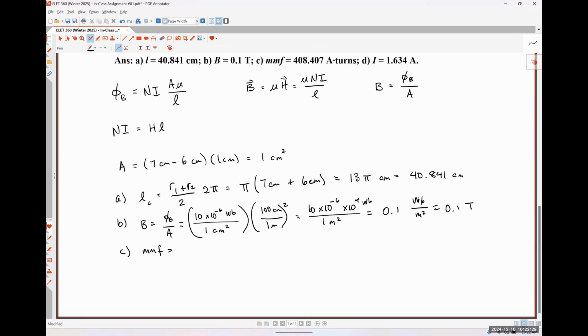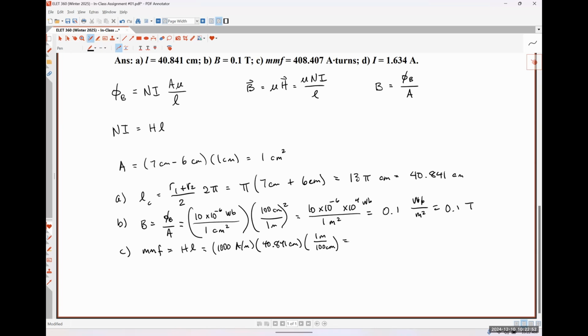So solving for I is actually part D. So this is going to be H times L. So that is 1,000 amps per meter times 40.841 centimeters. And then while I'm at it, 1 meter is 100 centimeters.